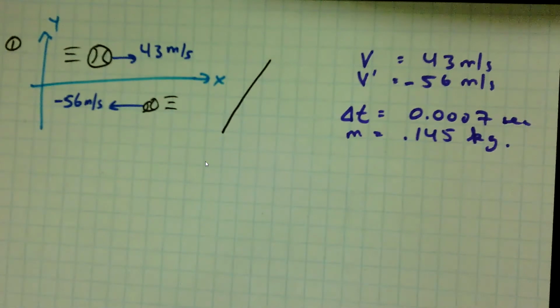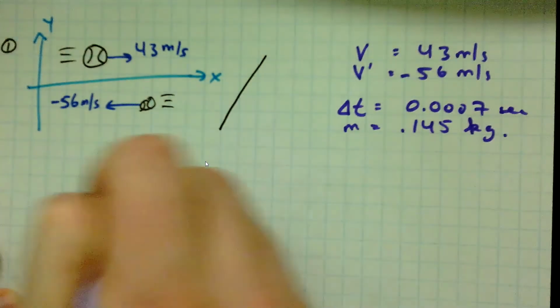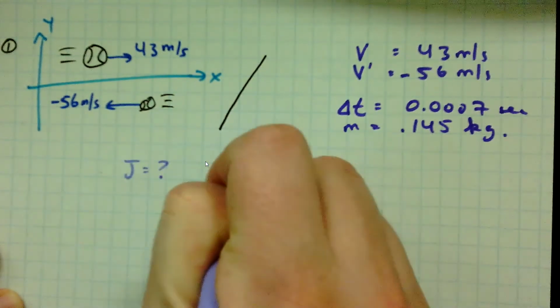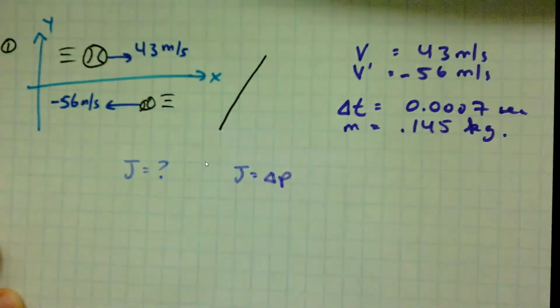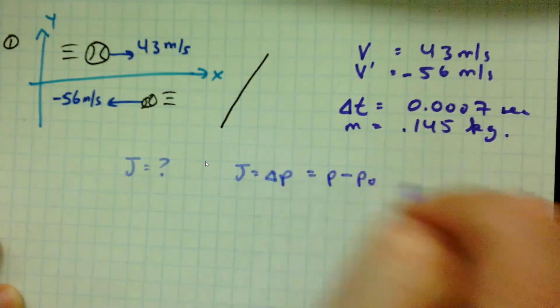Okay, so what are we going to do with this? Go ahead, Chris. Yeah, I think that's the best way to do it. Because at least in part A, we're trying to find impulse, but impulse is just change in momentum, which would be final momentum minus initial momentum.